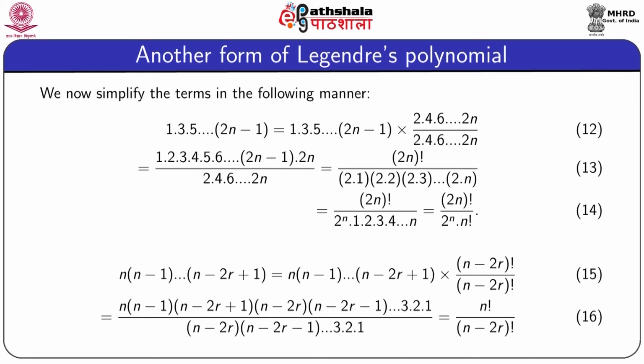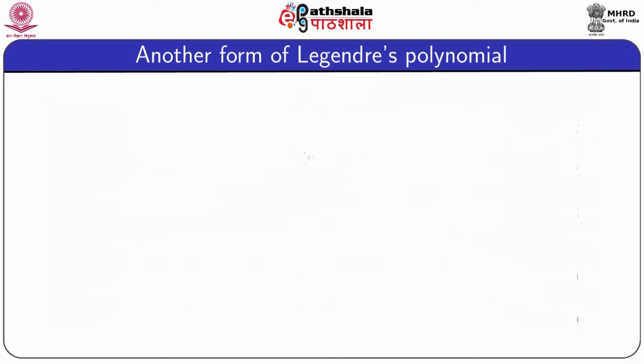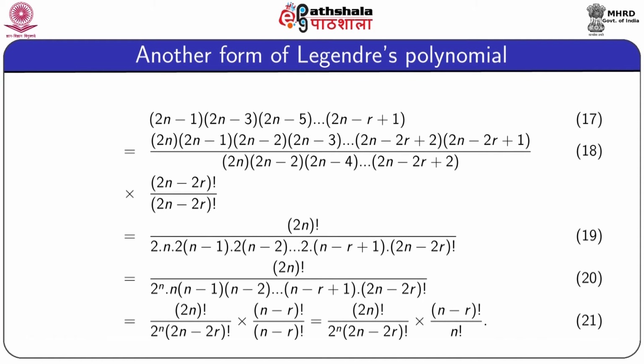And if you do that, the numerator is going to give you n factorial divided by n minus 2r factorial, which is given in equation number 18. We now take the denominator of 13, which is 2n minus 1, 2n minus 3, 2n minus 5 ... 2n minus 2r plus 1. You multiply this expression by 2n minus 2r factorial divided by 2n minus 2r factorial.